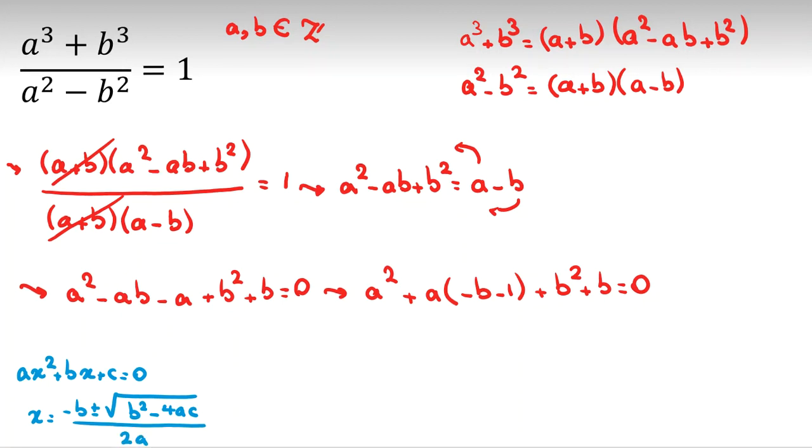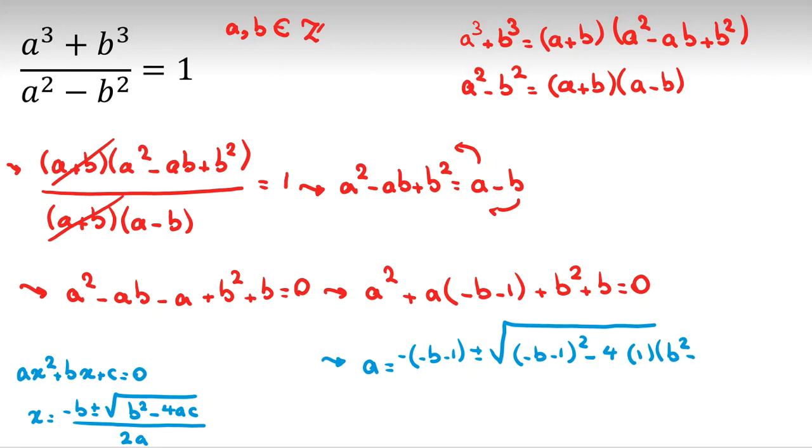So here a equals negative of negative b minus 1, plus minus square root of negative b negative 1 squared minus 4 times a times c, which is b squared plus b, all over 2 times 1.